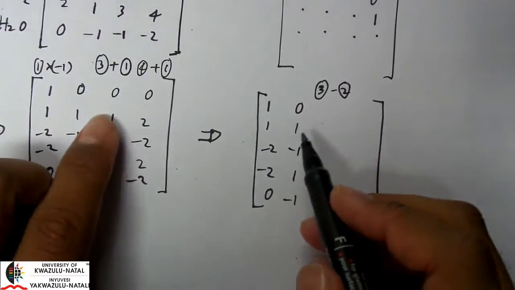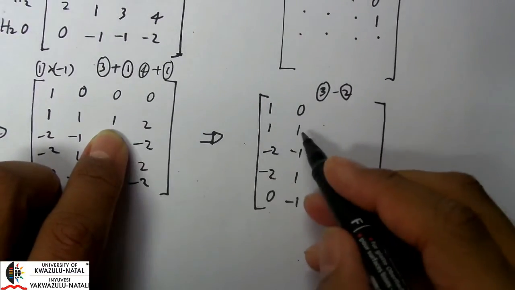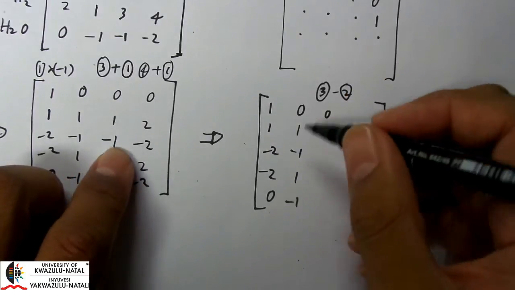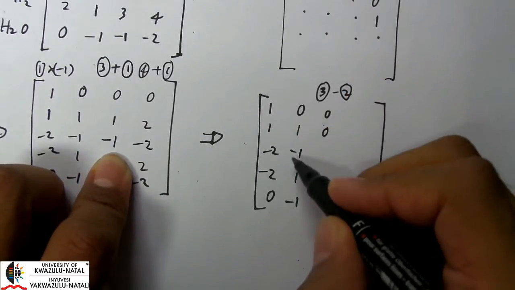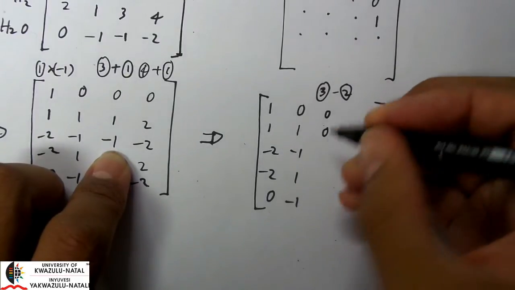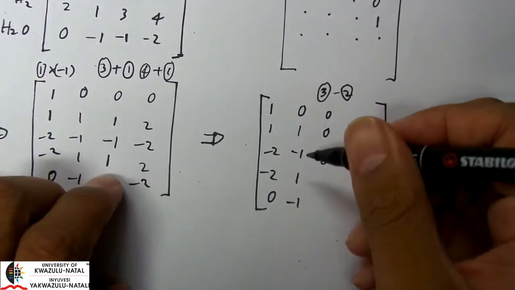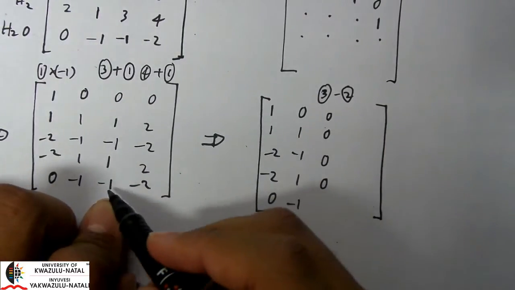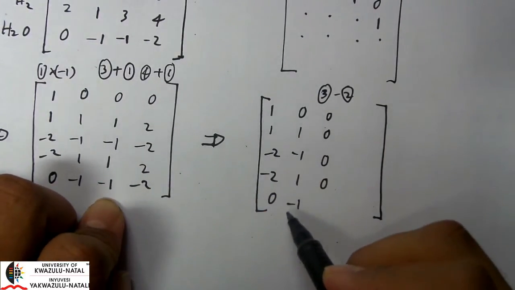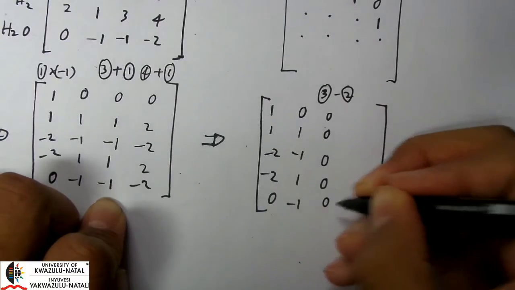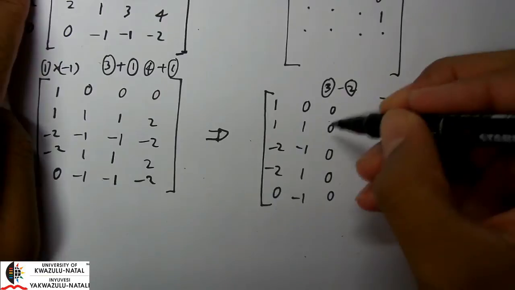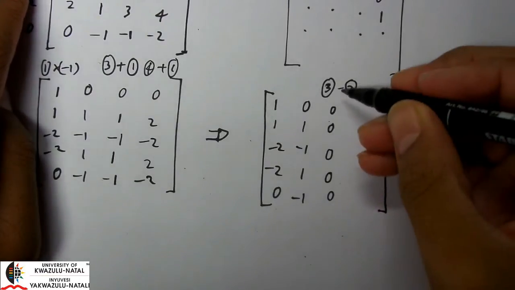So that will be 1 minus 1, that's 0, minus 1, minus minus 1, so that's plus 1, so that's also 0. 1 minus 1, that will be a 0, minus 1, minus minus 1, and that's also 0. Okay, so the entire column seems to disappear. I only have zeros.